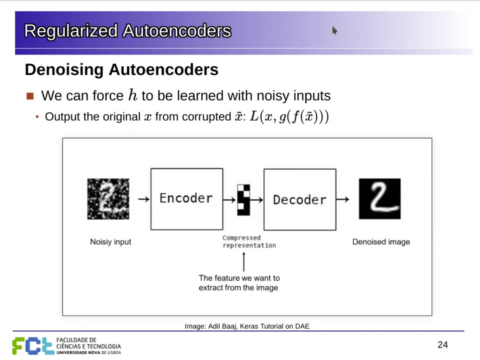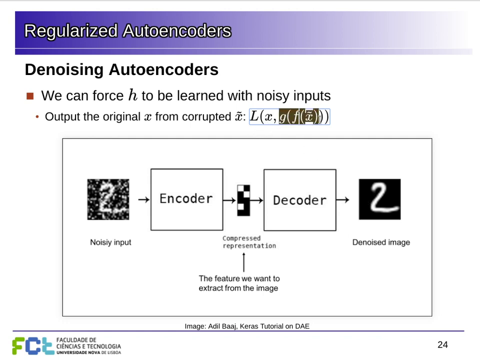Another way of training an autoencoder, of forcing the autoencoder to find something useful about our data, is with the denoising autoencoders. So what we're doing here is we are using the same loss function. So the loss function is just a comparison of the output as it is and what it should be. But the difference here is in the input. We are comparing the output of our autoencoder with the original image, for example, these two.